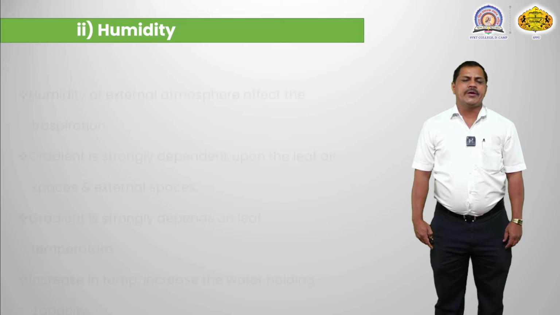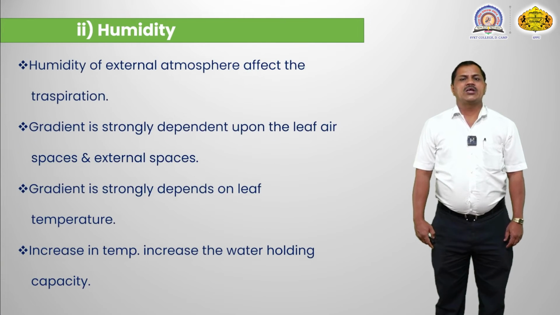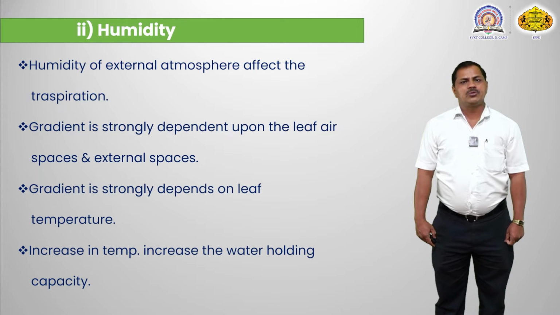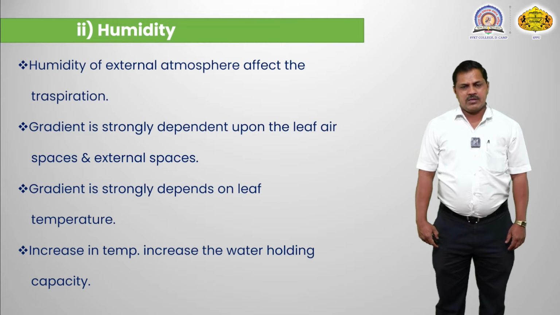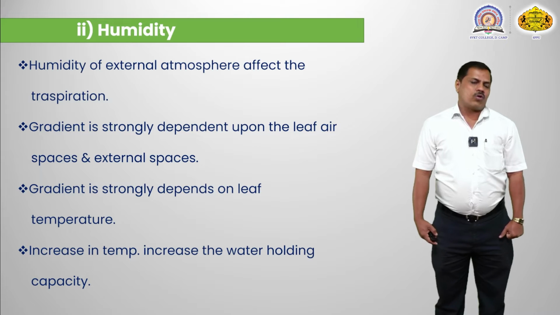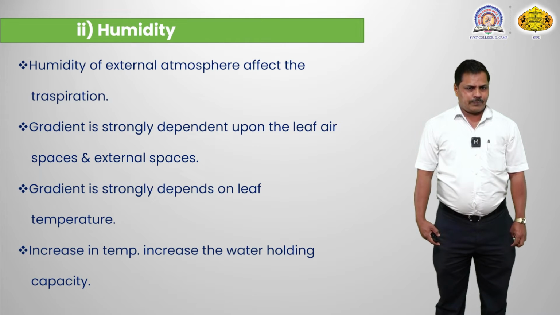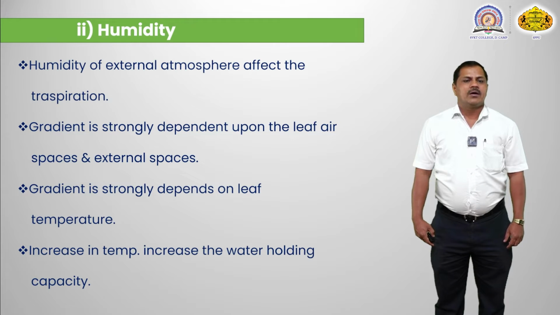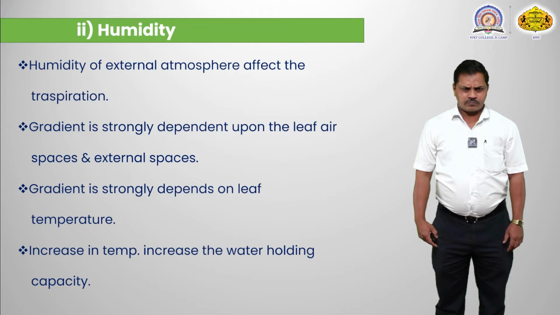Another factor is humidity. The humidity of the external atmosphere affects transpiration. When the humidity in the atmosphere is much higher, very little water molecule loss takes place. When the air is dry, the loss of water molecules is more. The gradient strongly depends on the leaf air space and also on the external spaces.